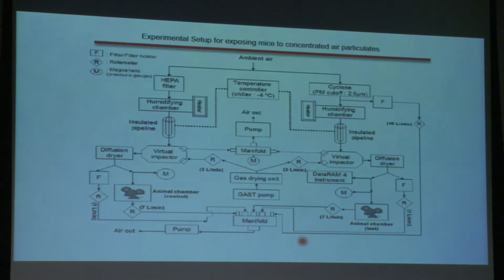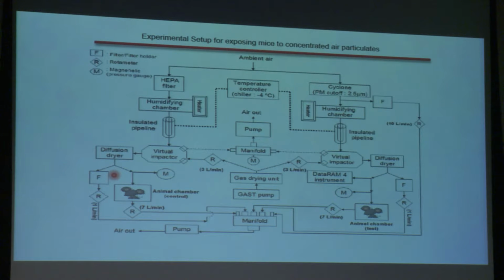So we came back and we set up this inhalation chamber, in which we concentrate polluted air from Freud and Muhammad Ali, just a few blocks from here. And then we exposed mice either to filtered air, or to the concentrated polluted air.